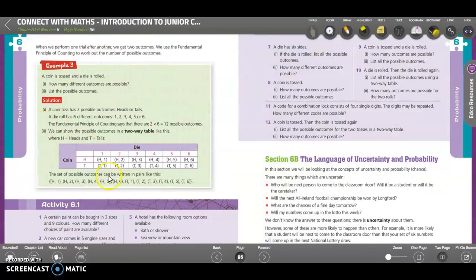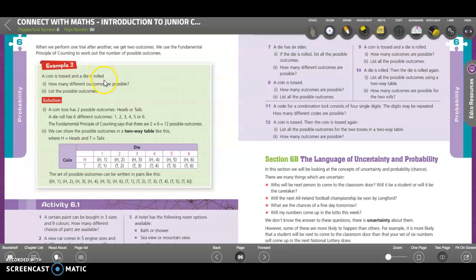Just on the next page in the first year book, it's got an example where you are tossing a coin and rolling a die. Okay, so how many different outcomes are possible when you combine those 2 events? Well, when you toss a coin, it's heads or tails, so there's 2 possible outcomes. When you roll a standard die, it's 1, 2, 3, 4, 5, 6 possible outcomes.